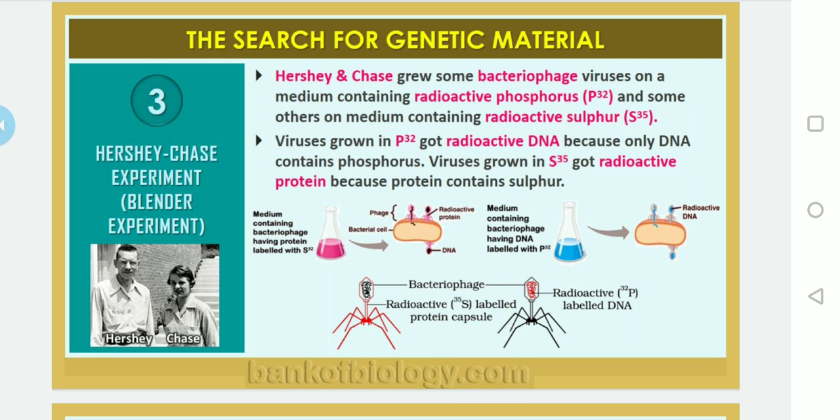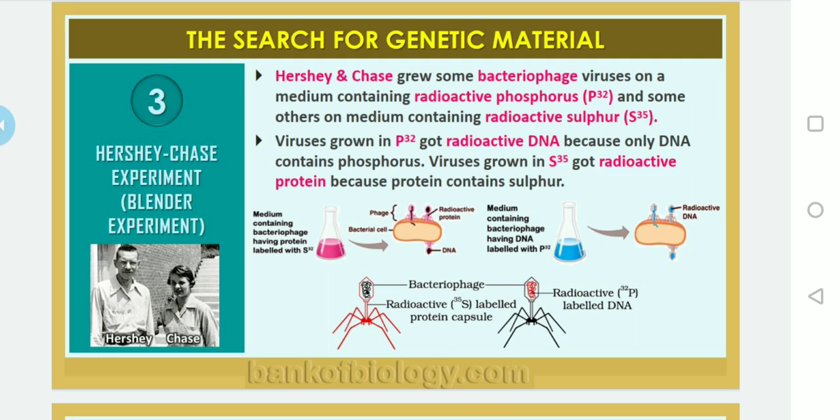Are you able to get it? What I'm telling exactly? In the beginning, they started from the observation that during normal infection, the bacteriophage first attaches to the bacterial cell wall and then inserts its genetic material into the bacterial cell.